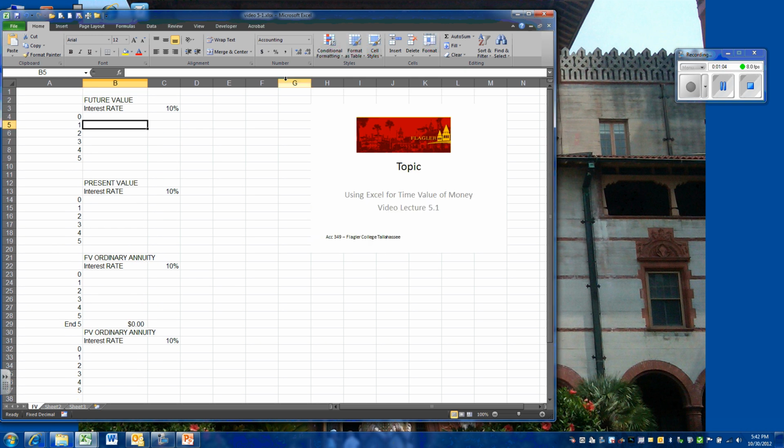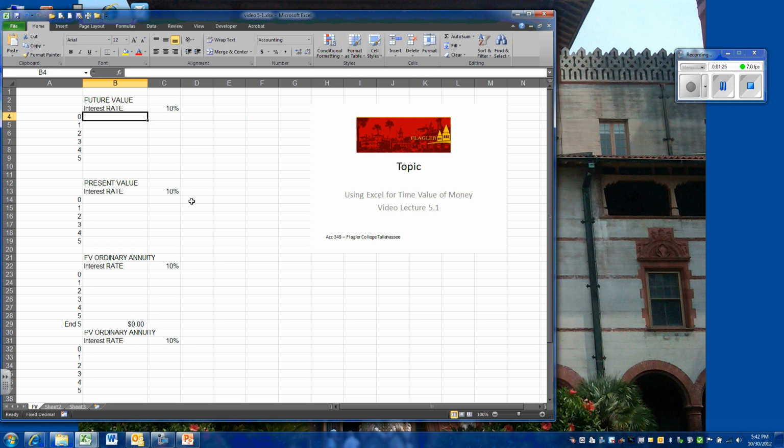So the first we're going to do is the future value. And to understand future value, it's best if you looked at it along a timeline. So I've set up in my rows here from 0 to 5.